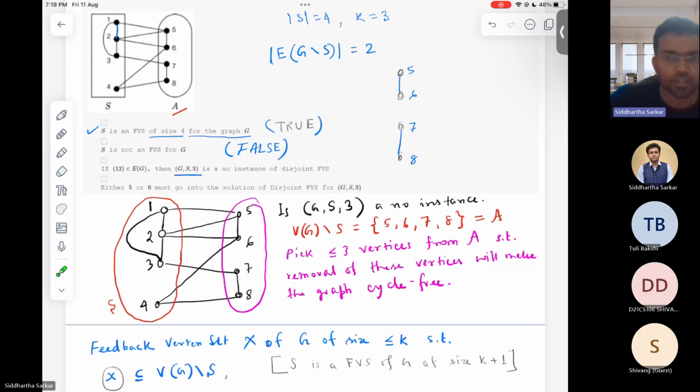Do you understand the difference, Shivang? So you're saying that it is already acyclic, but the graph is not already acyclic, right? Okay.